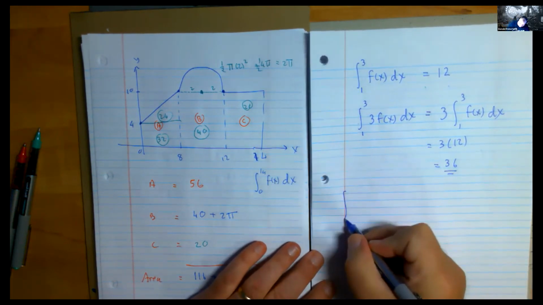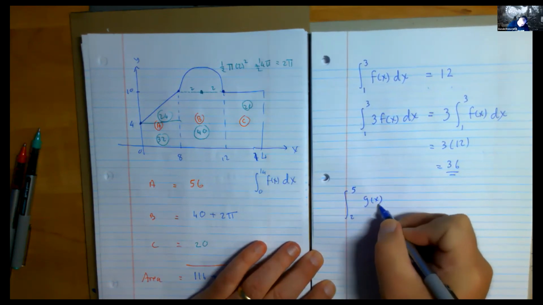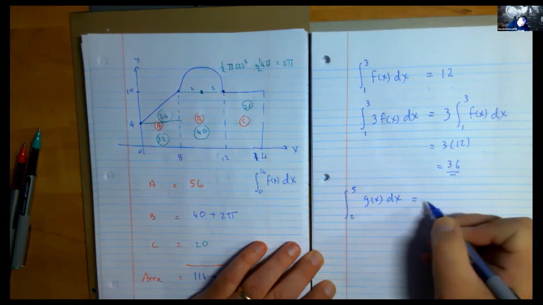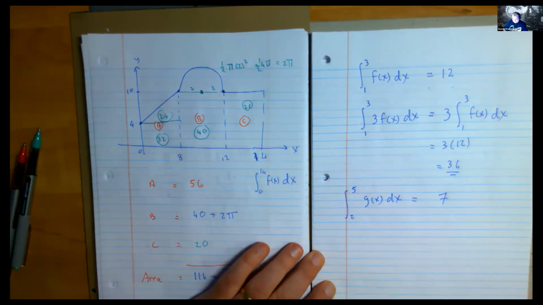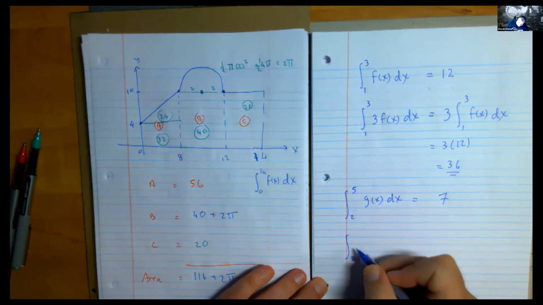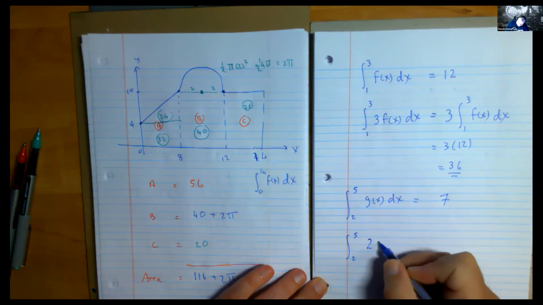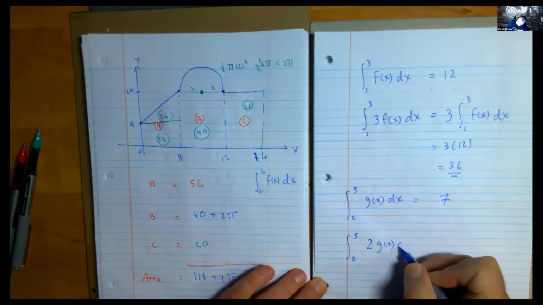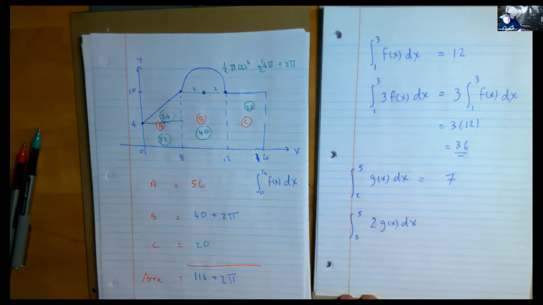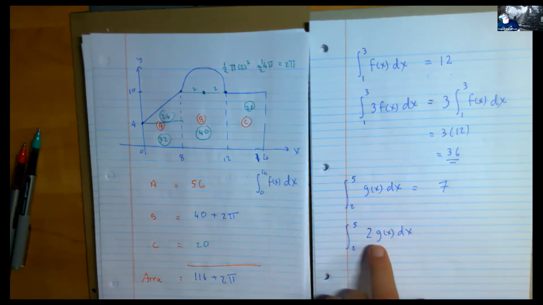Suppose I tell you the integral from 2 to 5 of g of x is 7. Right, so you're told that. I could use that to find the integral from 2 to 5, not of g of x, but of 2g of x.